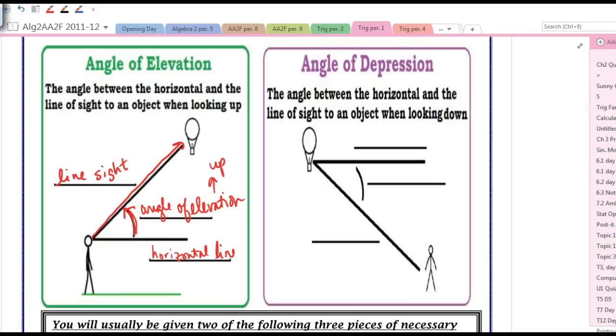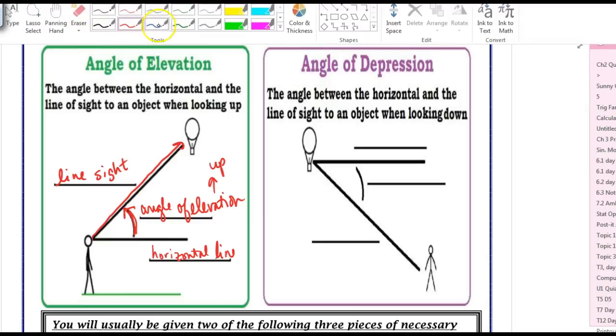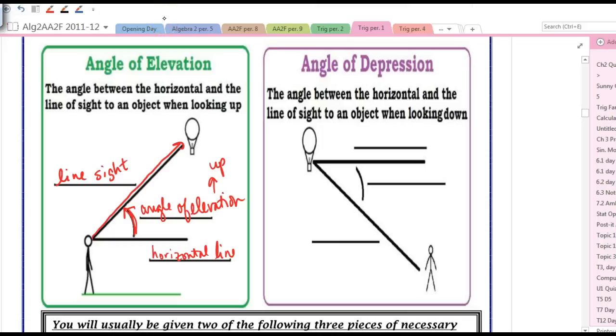Angle of depression. We're going to get a blue color because depression, like blue, like down. So this time, the angle of depression, the frame of reference, is this adventurous young fellow here in the hot air balloon who has got a line of sight in the downward direction, checking out this person down here. So there's the line of sight.